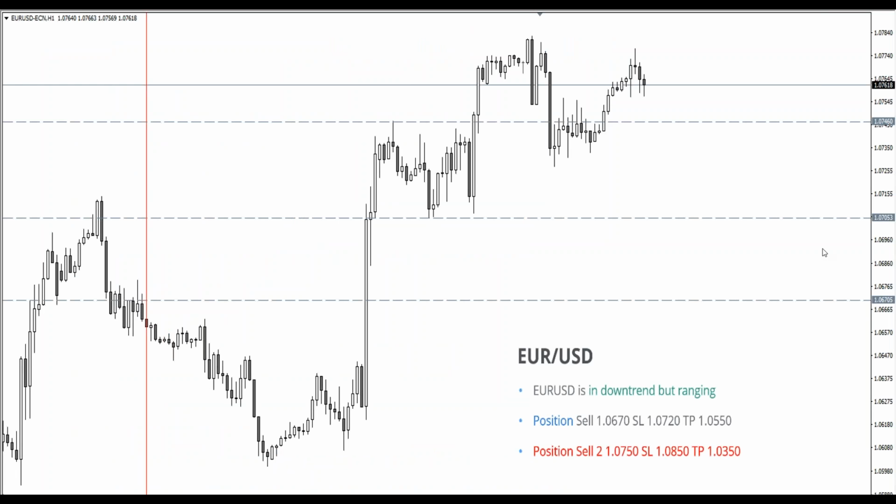Previous week, we had 2 sell positions. I said we might sell around 0.670. If you did it, it would have been a stop loss, but 0.750 was actually an excellent trade, although the stop loss was a little bit higher.